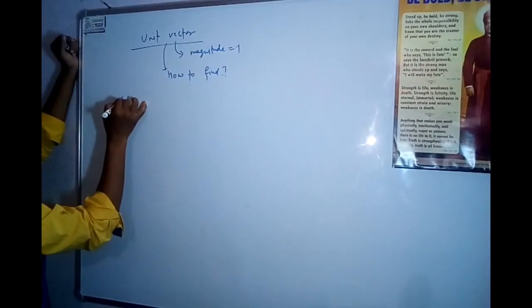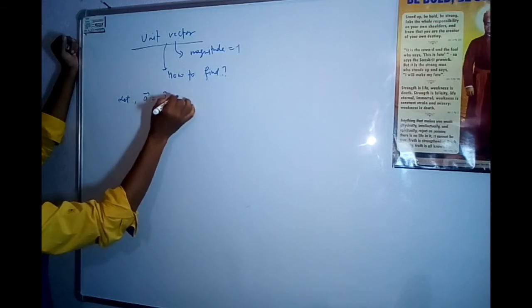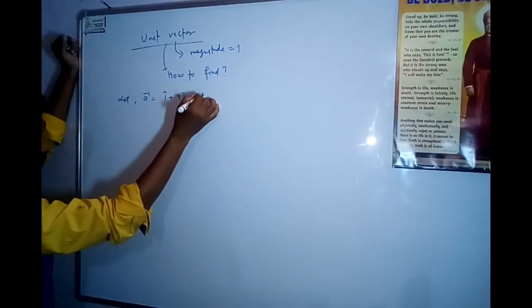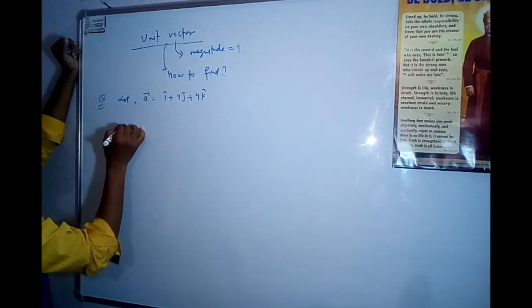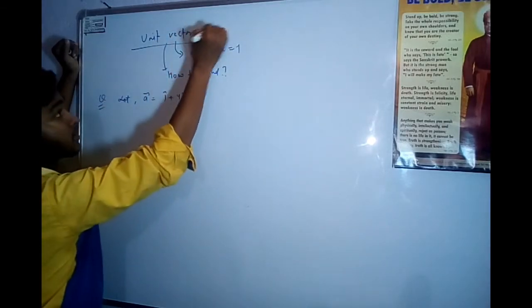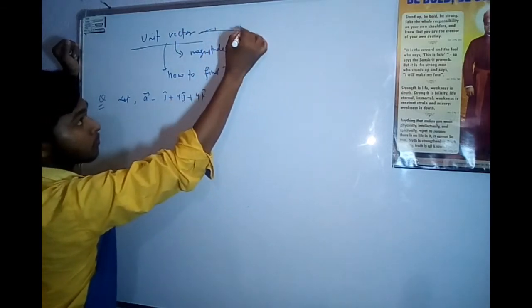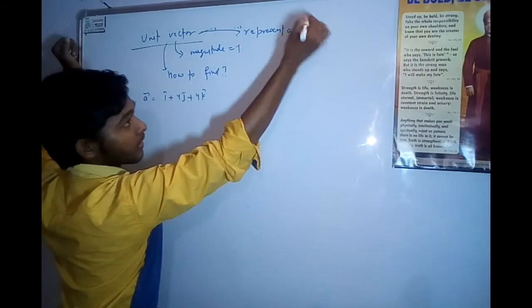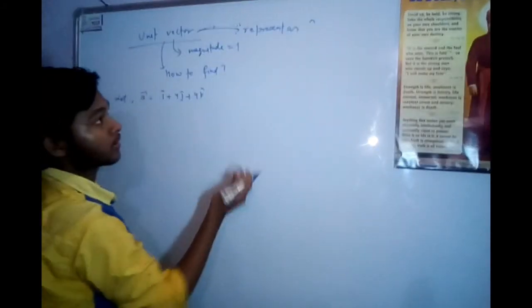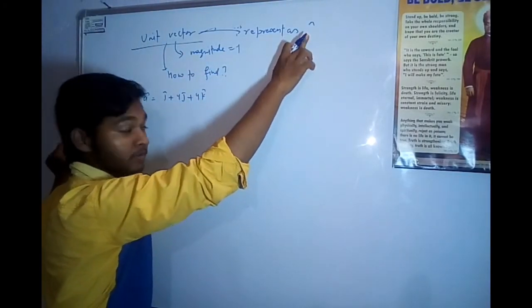Let's say a is the vector i plus 4j plus 4k. So how to find it? This is a question basically, and the unit vector is represented with a cap, meaning in any direction. If you want a unit vector, we have to put a cap on that vector.